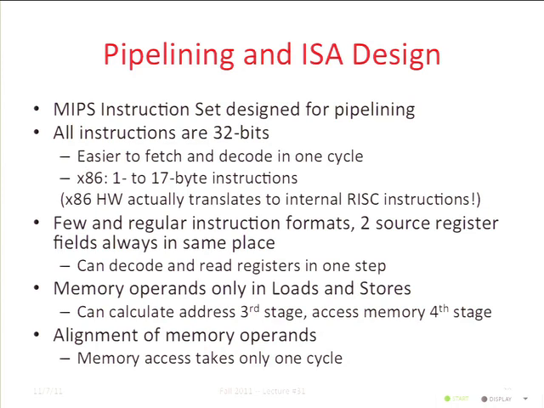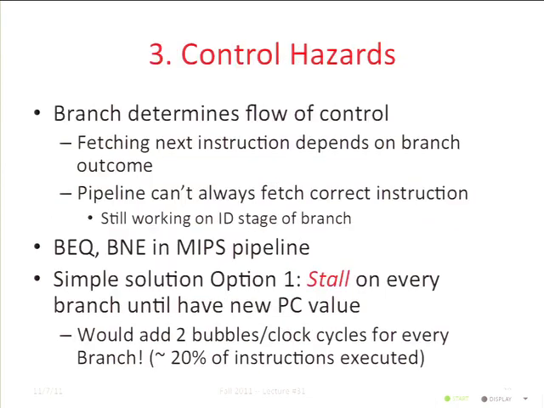Okay, the third type of hazard is called a control hazard. I've already told you what it was, and I'm going to go into this in more detail when we meet next time. But basically, the problem is if you have a branch, say branch on equal or branch on not equal, and you're loading up your pipeline, you don't actually know until you execute that branch where you're going. So things you might have started processing in the pipeline might actually not be instructions that you're going to run.